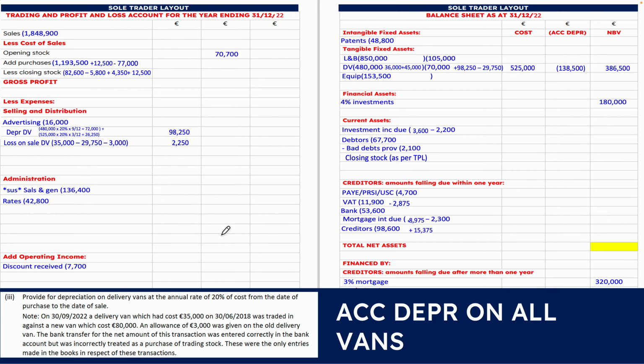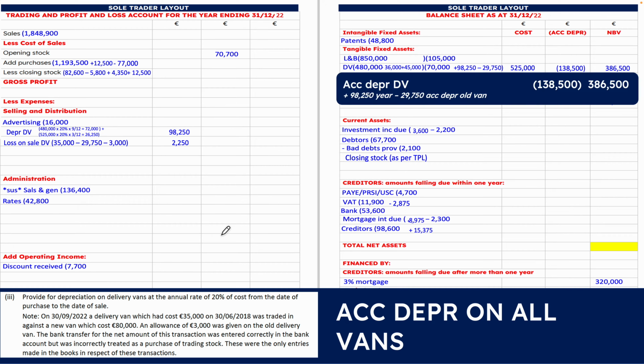Okay, so lastly then we have the accumulated depreciation on all vans. Okay, so we had 70,000 depreciation, that was from the trial balance. What we're going to do then is add the depreciation charge for the year, which is the 98,250, but then we're going to take away the accumulated depreciation on the sold van.